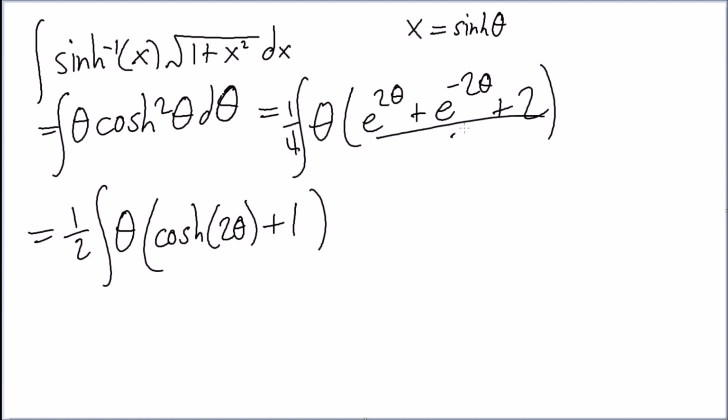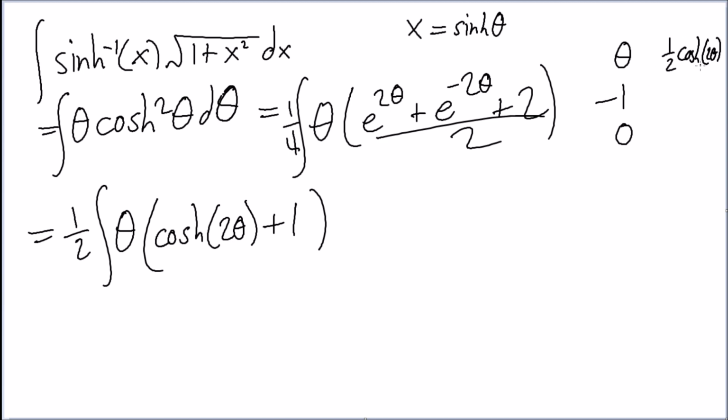Because we're dividing everything by 2. Okay. Would you rather do this? Then, you know what? Yes, I probably would. I'm going to take in that half, of course. Cosh 2 theta plus 1.